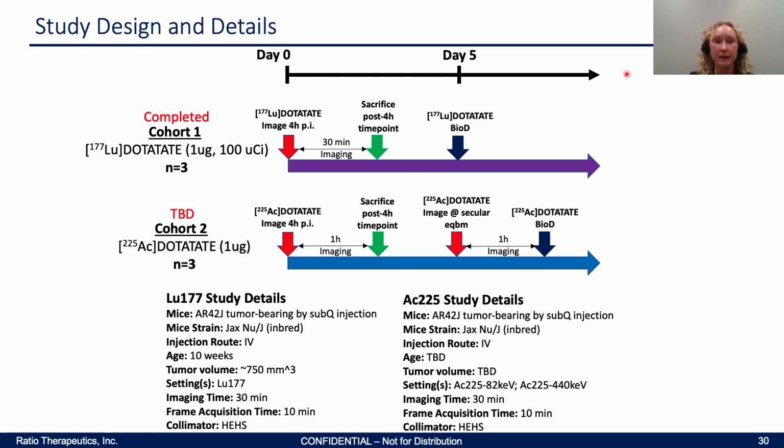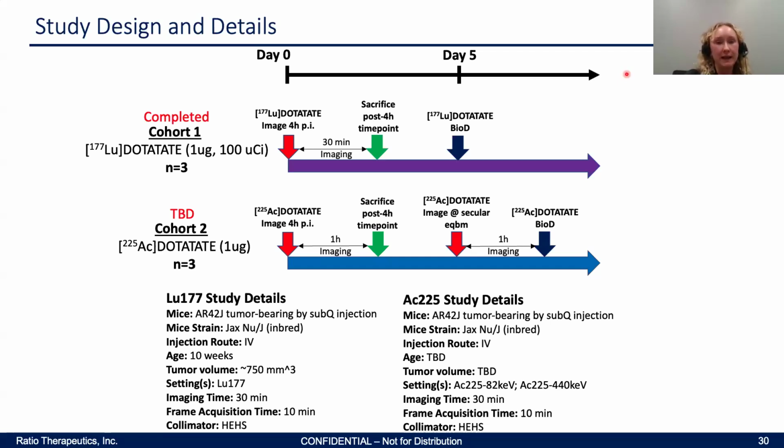These mice were injected and then imaged on the gamma eye 4 hours post-injection. That imaging lasted 30 minutes, which matched up with the typical imaging period of time we use for each peak setting for actinium. Then these animals were sacrificed immediately following the 4-hour time point collection.